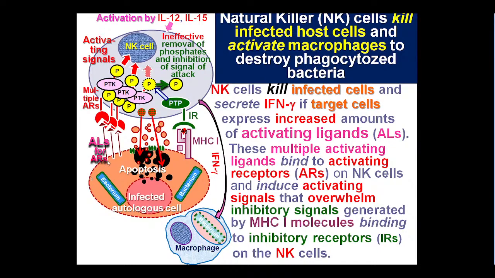Usually these substances are bacterial components that appear on the surface of cells infected by the intracellular bacteria. These substances, for example, may react with immunoglobulin G antibodies, and Fc fragments of these immunoglobulins serve as the activating ligands for the activating receptors. In this case, Fc receptors of the natural killer cell will serve as activating receptors.